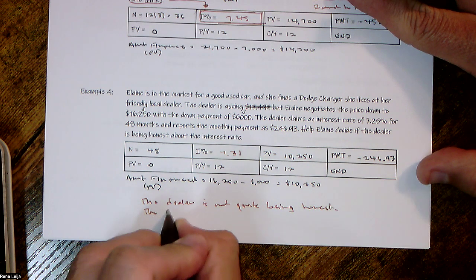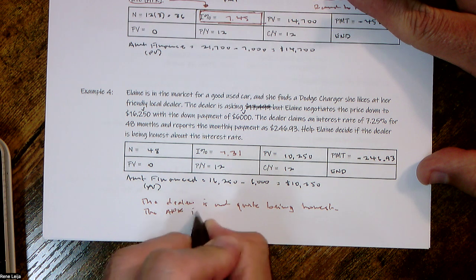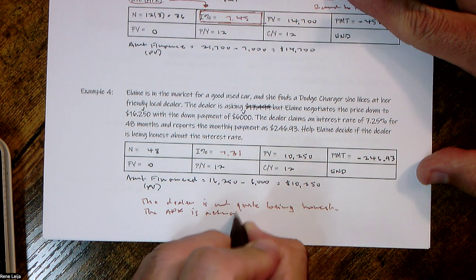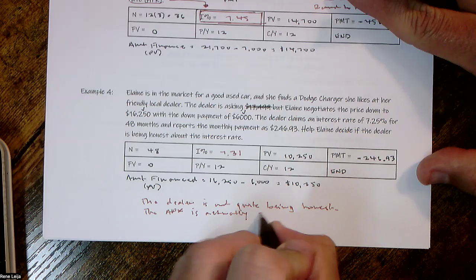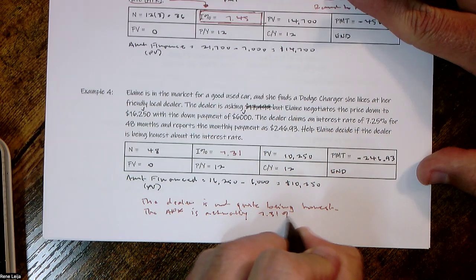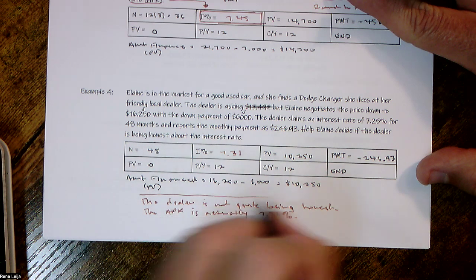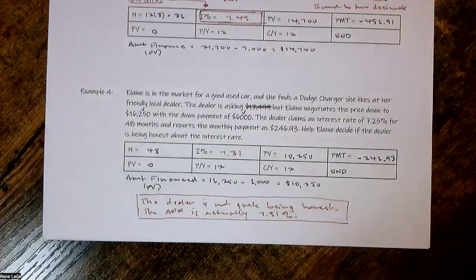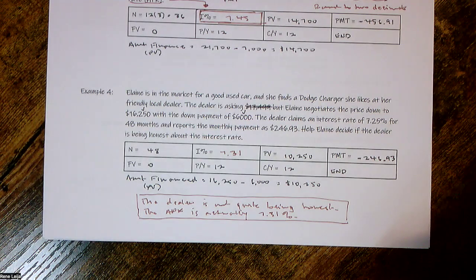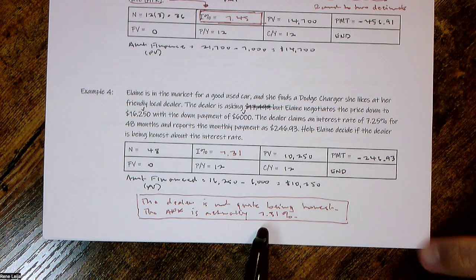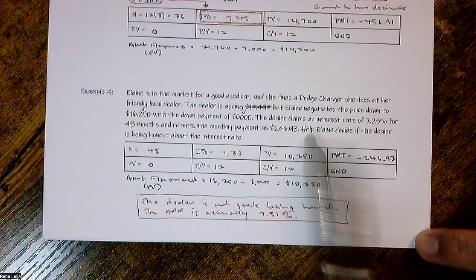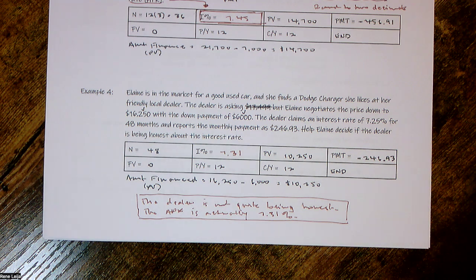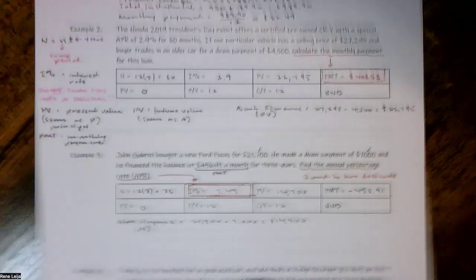The APR is actually 7.31%. Okay. So we need to make that sentence because this was something that was more than just finding a number. We had to make some kind of statement to help Elaine decide if the dealer was being honest or not. Okay.